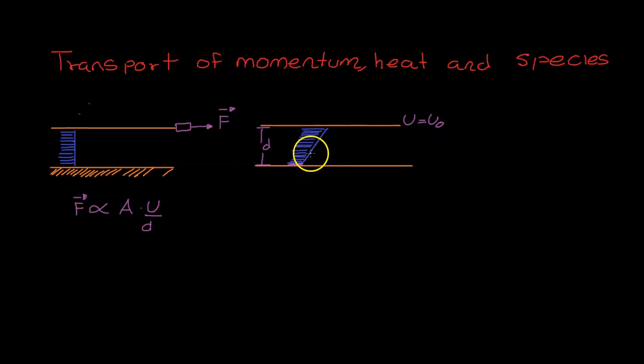When we convert this proportionality into an equation, we get a coefficient. Let's put a negative sign here, with a differential, because from layer to layer we want to define a profile.